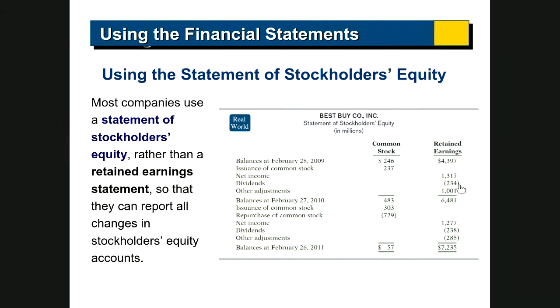Anytime the company pays dividends, it reduces the retained earnings, right? So those two: any income from the income statement increases, any dividends decrease, and then there could be other adjustments. You see, in this year, other adjustments are positive. In the following year, other adjustments are negative. And for these other adjustments, there are books about what they could include, right?